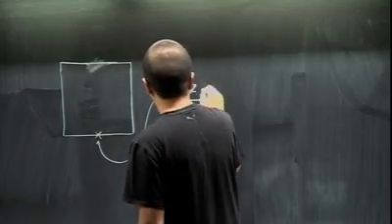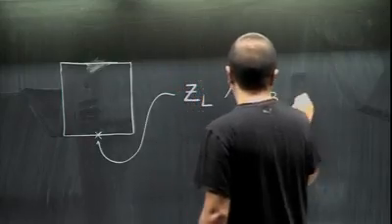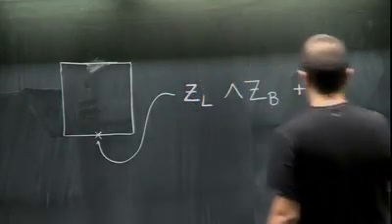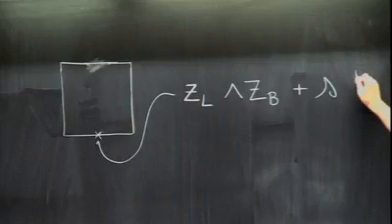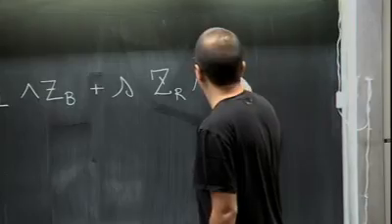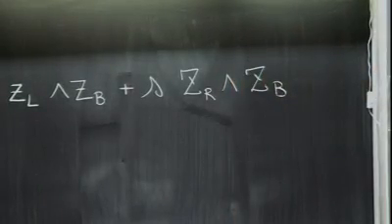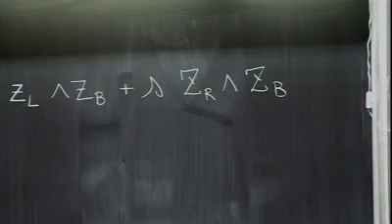So it's a linear combination of Z left wedge Z bottom plus some parameter S times Z right wedge Z bottom. Do you agree? Just a linear combination of those two cusps.